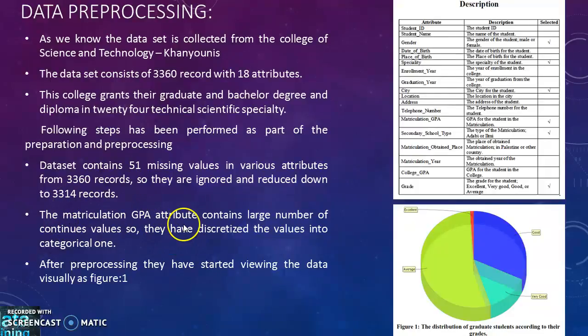The matriculation GPA attribute contains a large number of continuous values, so they have discretized that into a categorical one. After pre-processing, they started viewing the data visually as in figure 1, where you can see the good students, the very good students, the average students, and the excellent students, which is in the red mark. And in the description you can see the attributes, description, and the selected things.